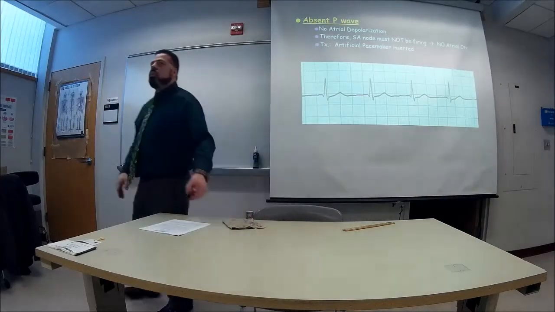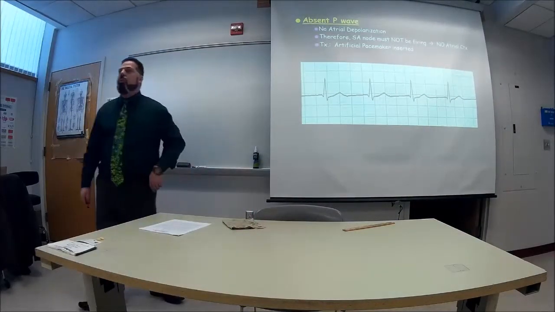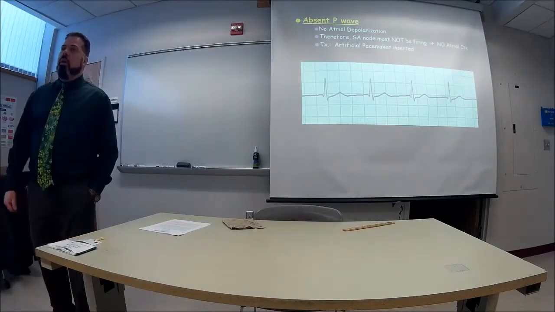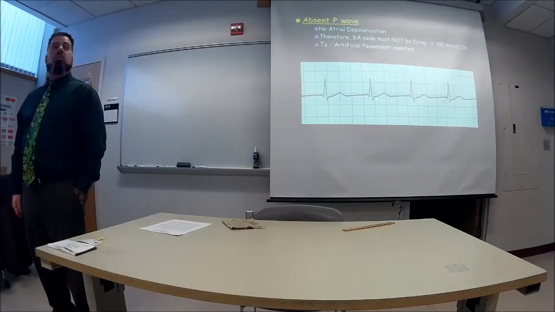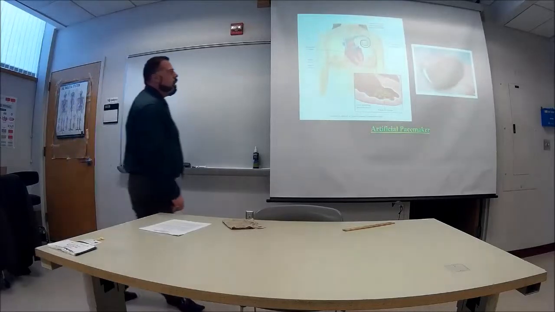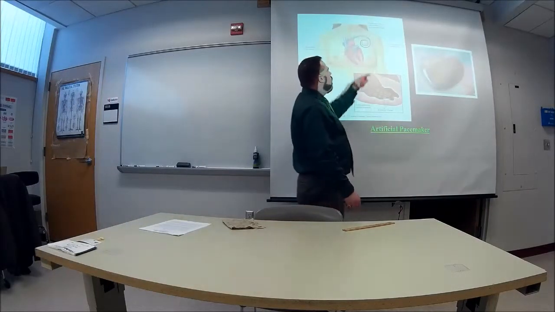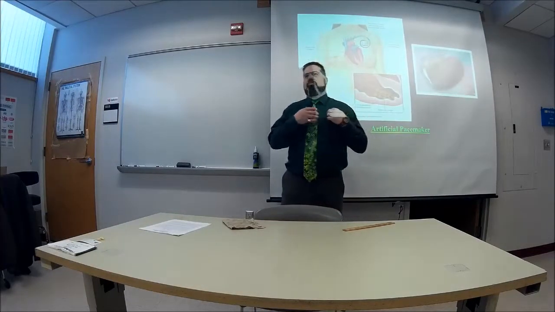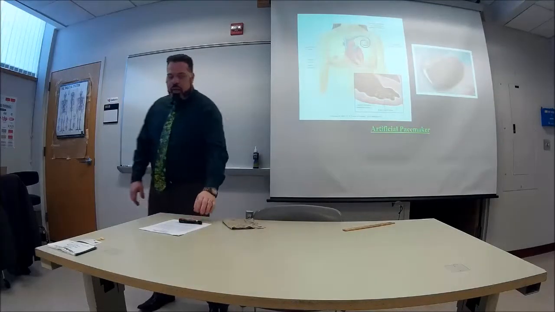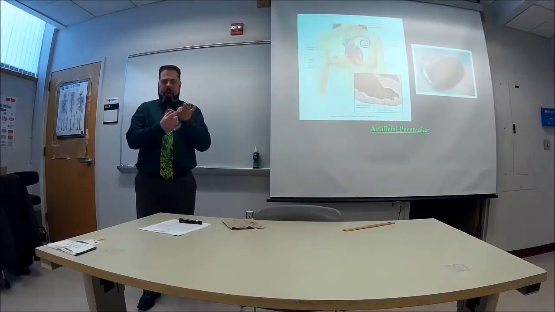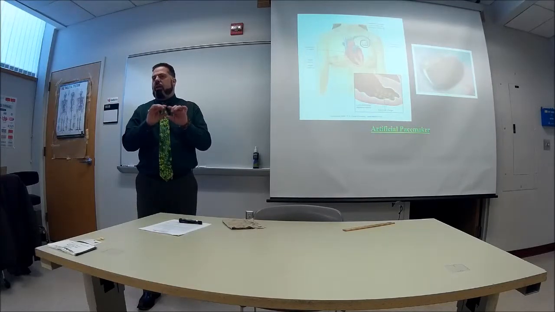How do you fix this? Well, you'll probably have to just give them an artificial pacemaker. Something they put together, I think, in the 1960s. They're going to put this little device, about the size of a Zippo lighter. They've gotten smaller, but they're about that big, though thinner than that.